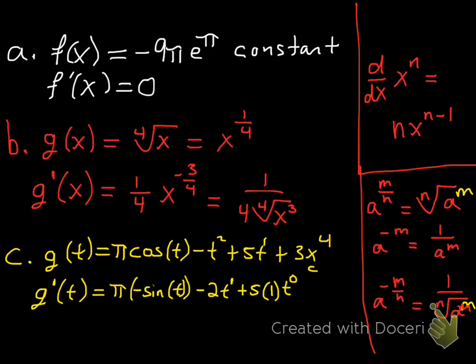It'll be t to the 0, but t to the 0 is just 1. And 3x to the fourth is treated as a constant, because we're taking the derivative with respect to t, so the x is just treated as a constant in this case. So it doesn't add anything. Okay, so cleaning that up, this will be negative pi sine t minus 2t plus 5.